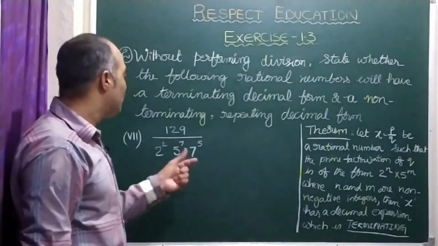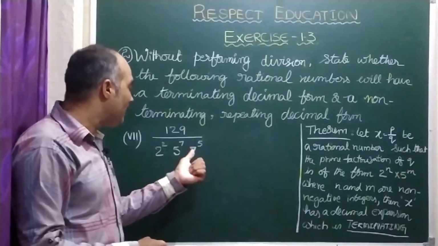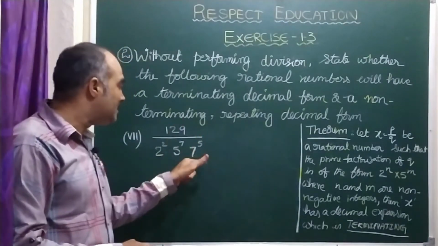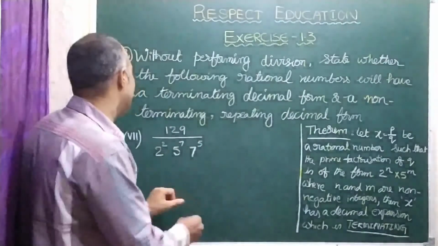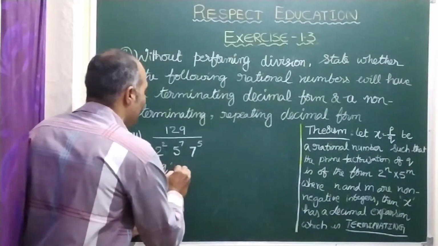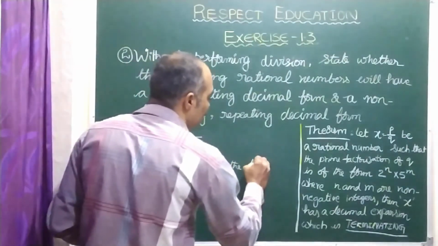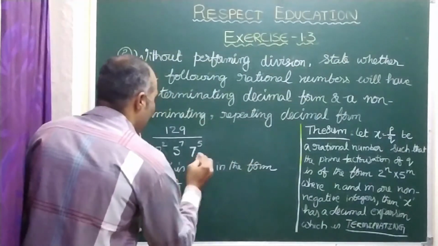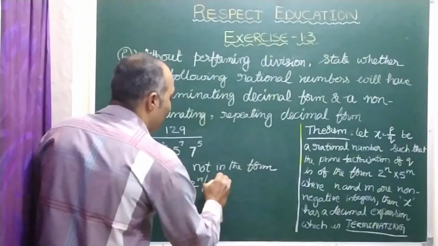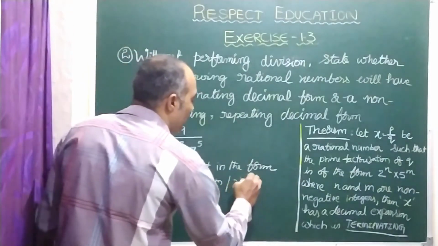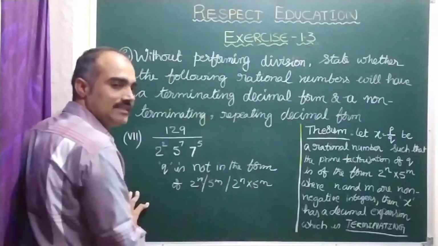In some problems, for twisting us, for confusing us, or for testing us, they will give one more extra number with which the numerator can be cancelled. So be aware of those kinds of bits. In this bit, directly, children, q is not in the form of only 2 power n or 5 power m or the combination 2 power n into 5 power m, for non-negative integers n and m.